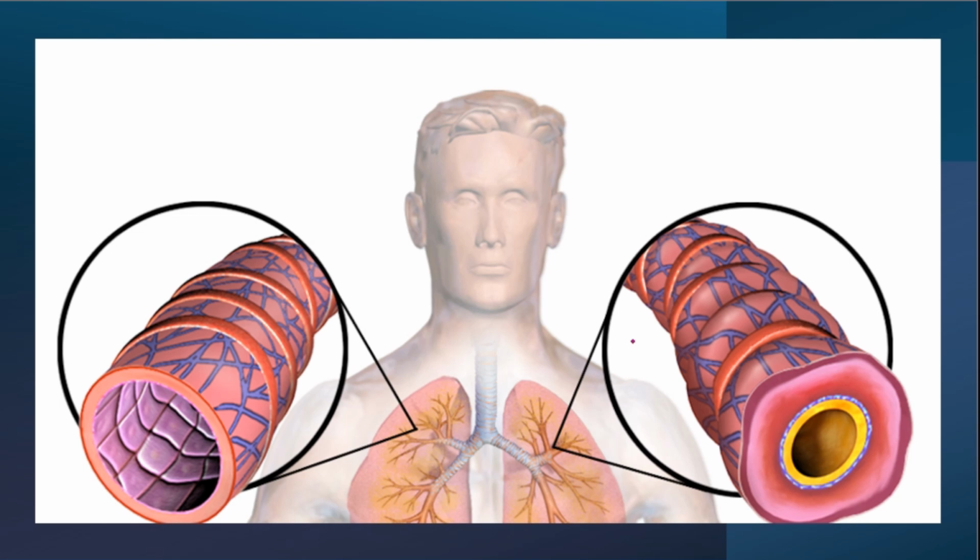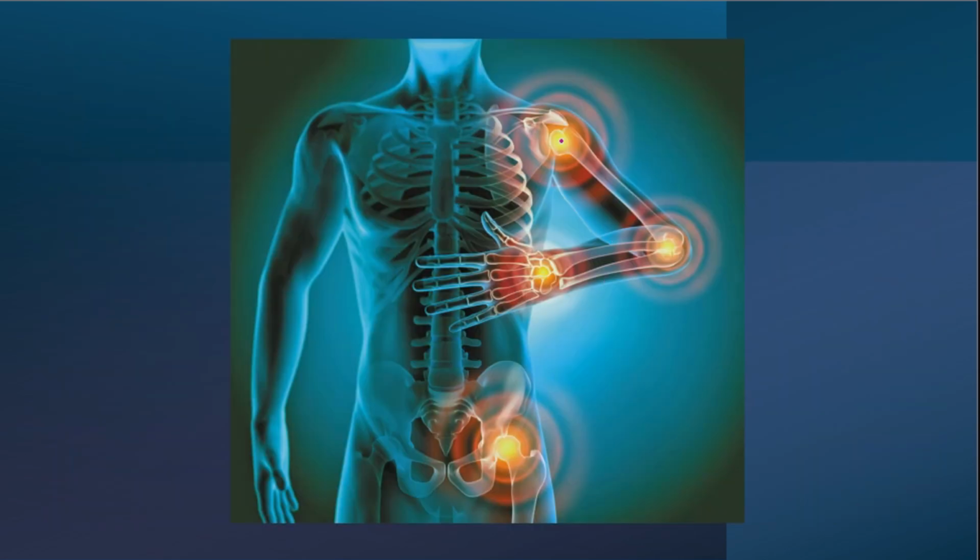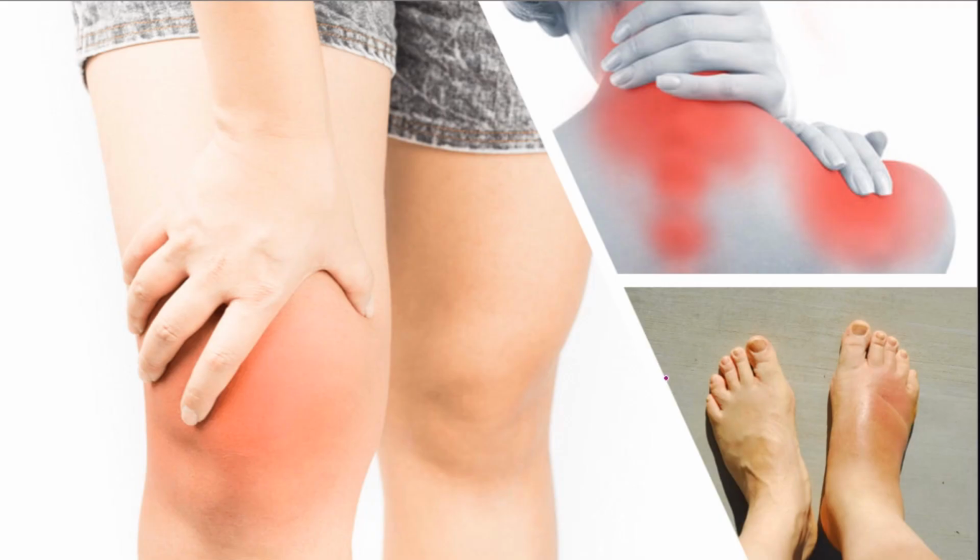So this is inflammation in the lungs, and inflammation also happens in the joints, so you feel pain in the joints. Here you can see the swelling of the knee, and here the shoulder pain, sometimes swelling in the legs. These are all because of inflammation.